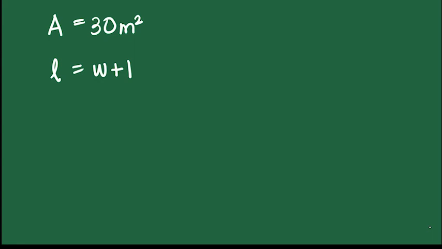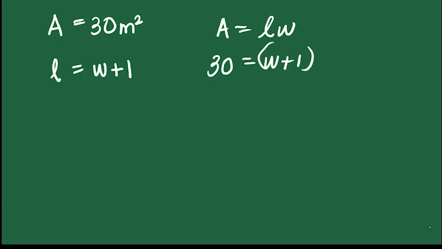Since the area is equal to length times width, and A is equal to 30 square meters, our length is W plus 1 multiplied to W. We will have now 30 equals, by distributive property, W squared, and then 1 times W, that's W. We will have now a quadratic equation which is 30 equals W squared plus W.